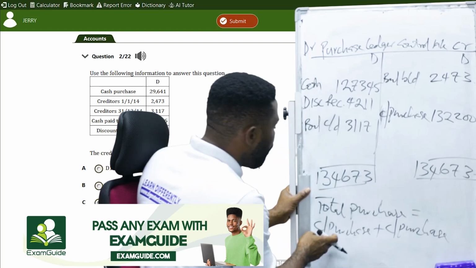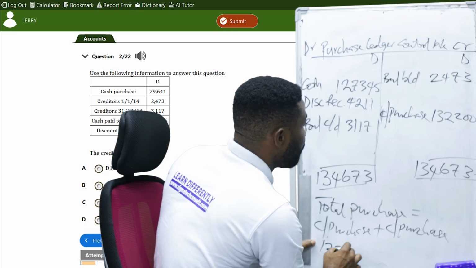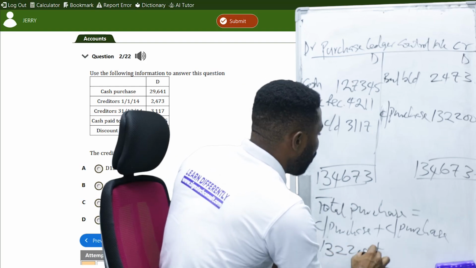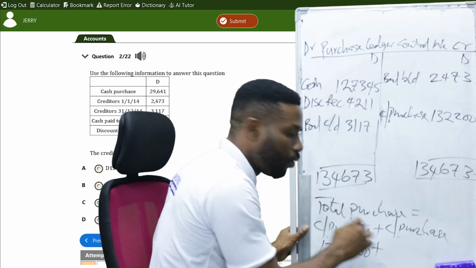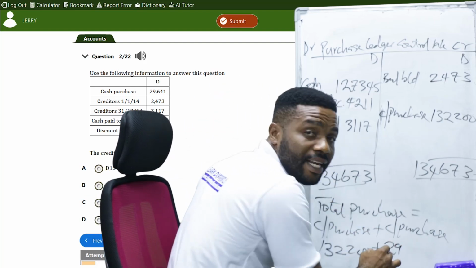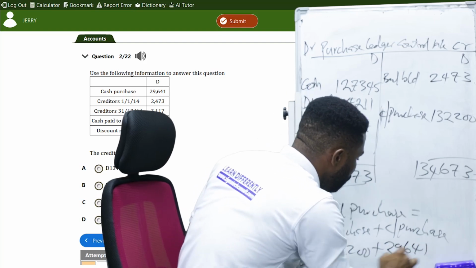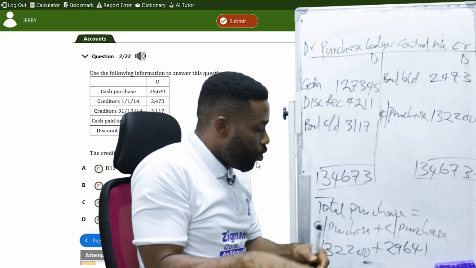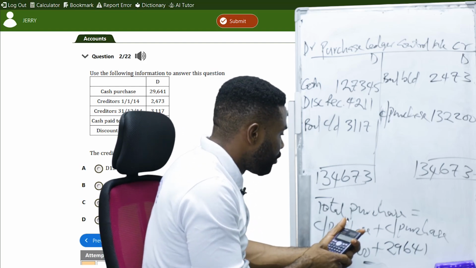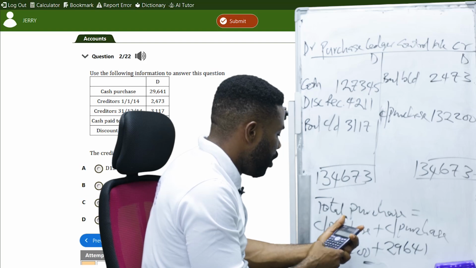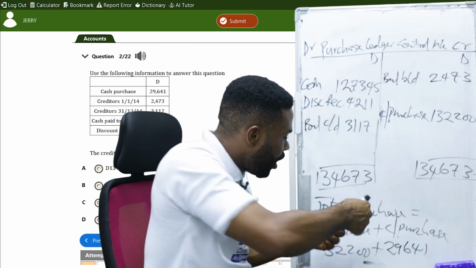Our credit purchase here is 132,200 plus cash purchase given in the question as 29,641, which will have given us 161,841.